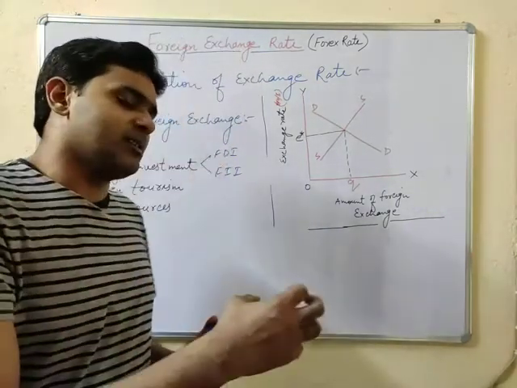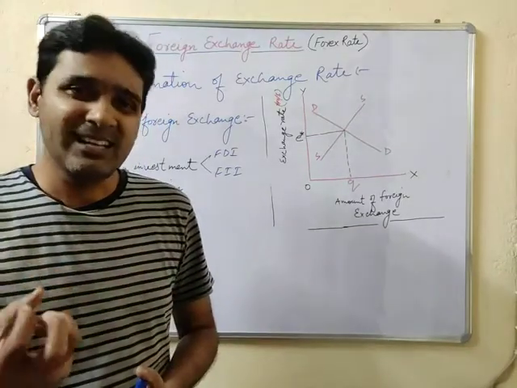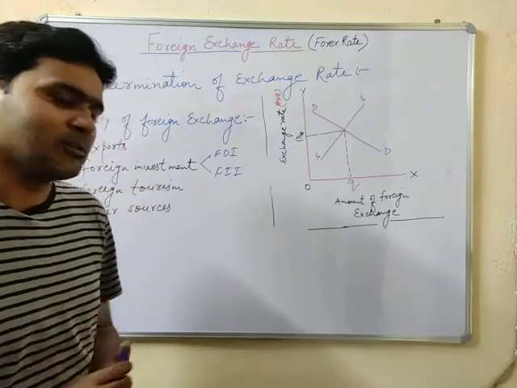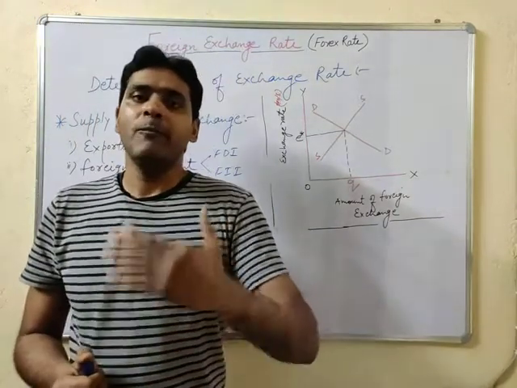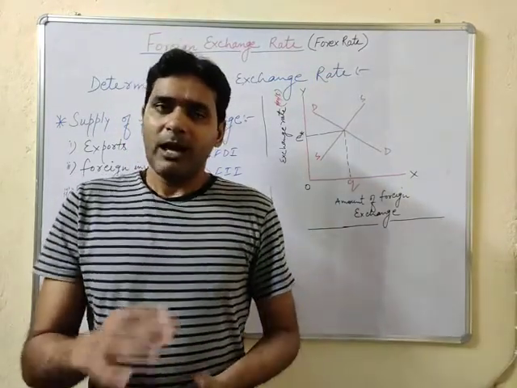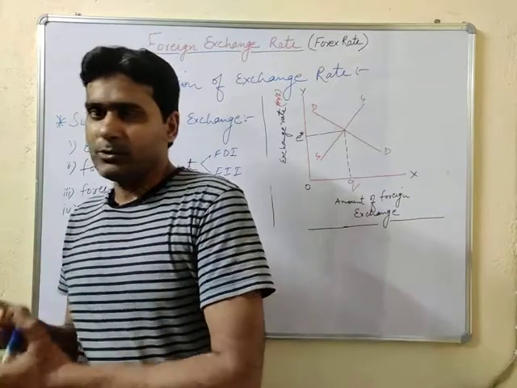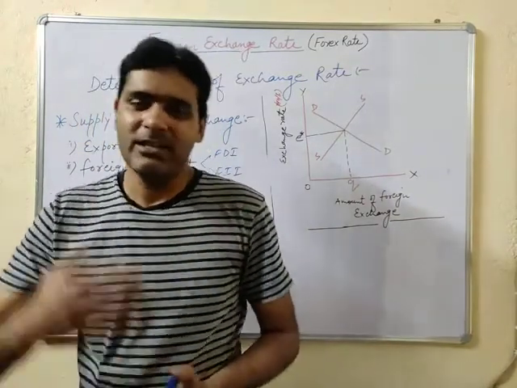When our domestic currency depreciates, then our imports will decrease. Why will it decrease? Because earlier we were able to buy more quantities for that amount, while in today's scenario we will be able to buy less quantity than before.